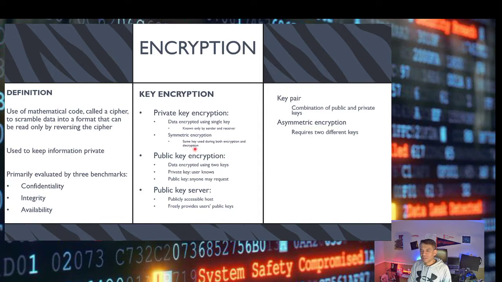Number two, the second connection that I want to highlight to your attention is the one between public key encryption and asymmetric encryption. Public key encryption relies on two keys, private and public. And that is the definition of asymmetric encryption, requiring two different keys.